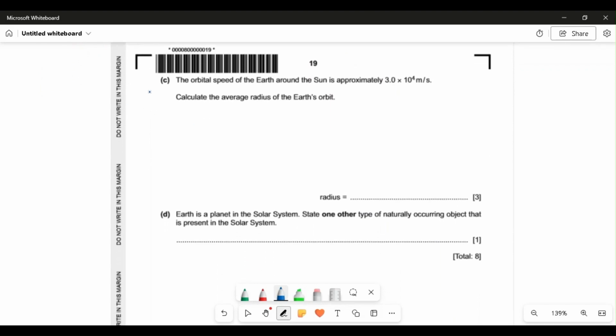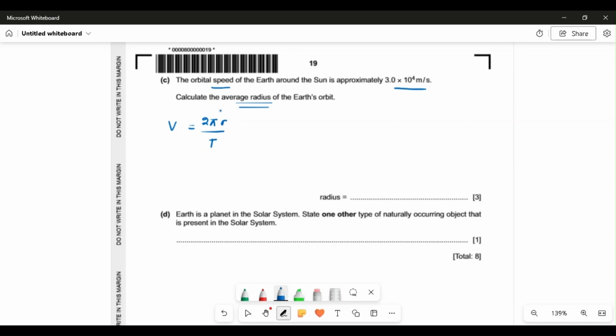The orbital speed of the Earth around the Sun is approximately 3 times 10 to the power 4 meters per second. Calculate the average radius. First of all, I would like to remind you the orbital speed is equal to 2 pi r over the period T. Here v is the orbital speed, r is the orbital radius.